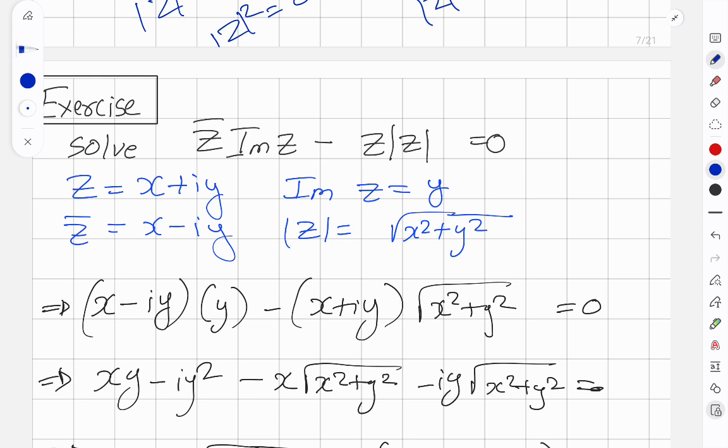I can also cancel out 2 because it's 0 over there. So it's just x square plus y square is equal to 0.